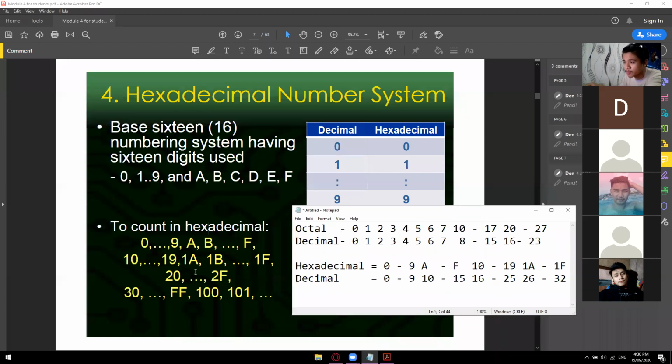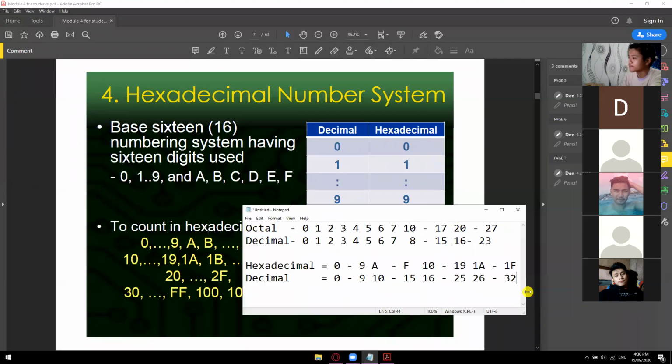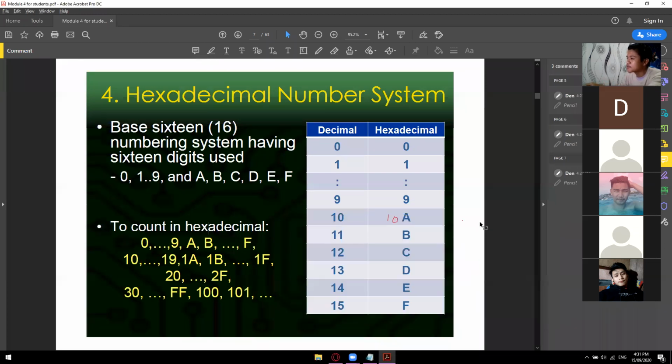Tama ba? I hope I'm correct. 1A to 1F, hindi pinakita dito. Pero kapag meron kayong value ng 1F, ibig sabihin yan, it's a count of 32 in decimal. Okay? So malalaman nyo mamaya kung bakit hindi pwedeng 1-0 kapag katapos neto.